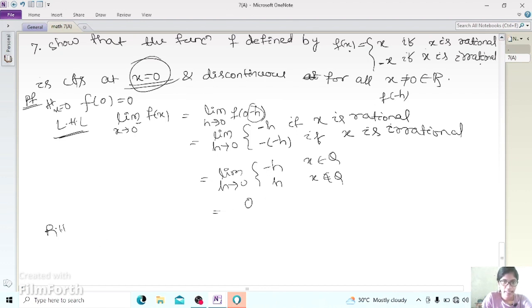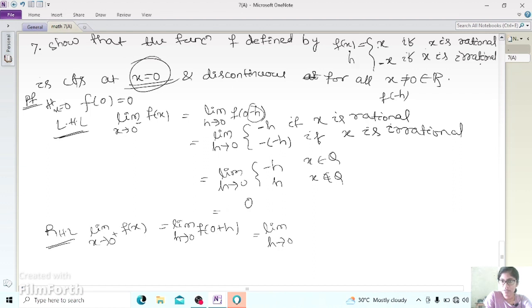Similarly for the right hand limit: limit x tends to 0 plus f of x equals limit h tends to 0 f of 0 plus h, the function value at x.